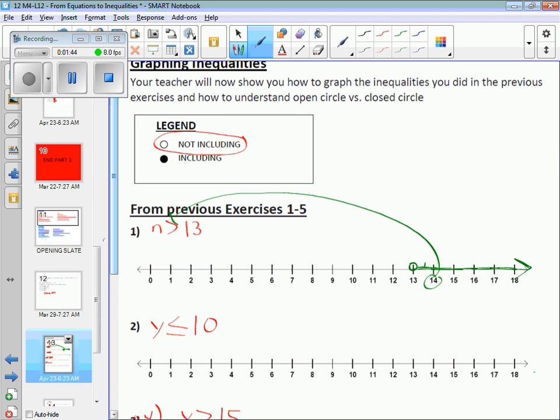Make sense? So 13.1, yes or no? Yes. 13.2? 13.00001? 13? No. Open circle means it does not include 13, but everything after 13 it does.